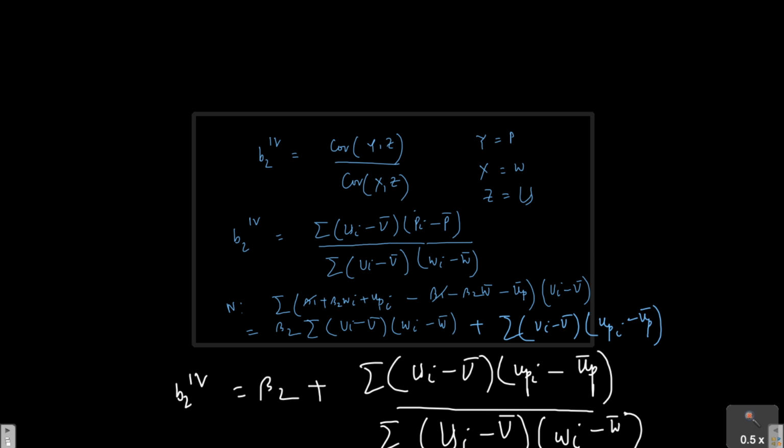And if I take the plim on both the sides, what I'll get for the plim of beta 2 OLS, beta 2 IV, is going to be beta 2. This is a constant term, and here I will have the plim on both numerator as well as the denominator. So let me take that plim, and let's divide each of these by 1 by n.